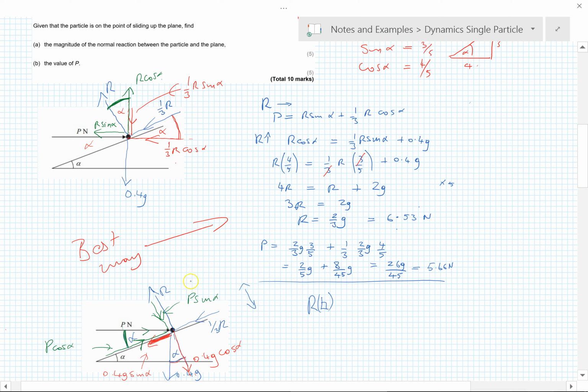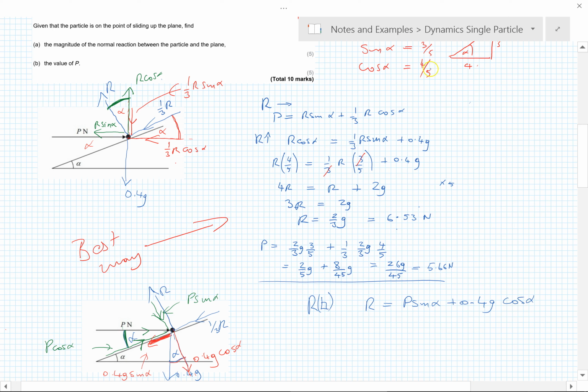Well, forces upwards are R, obviously, but both the other two forces, this P sine alpha there and the component of the weight, are acting in this direction, whereas the reaction is going upwards to the left. So that's what's going to balance out. We're going to have R equals P sine alpha plus 0.4 g cos alpha.